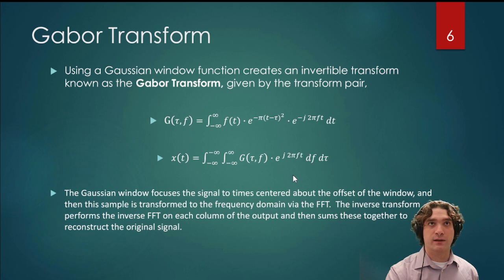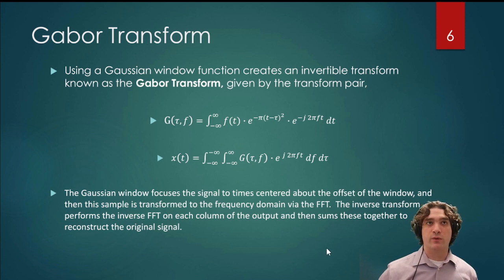So we take the particular frequency spectra, invert it, and that'll give us one window of the signal in time domain, and then we add that to all the other windows, and that will reconstruct the original signal x of t.